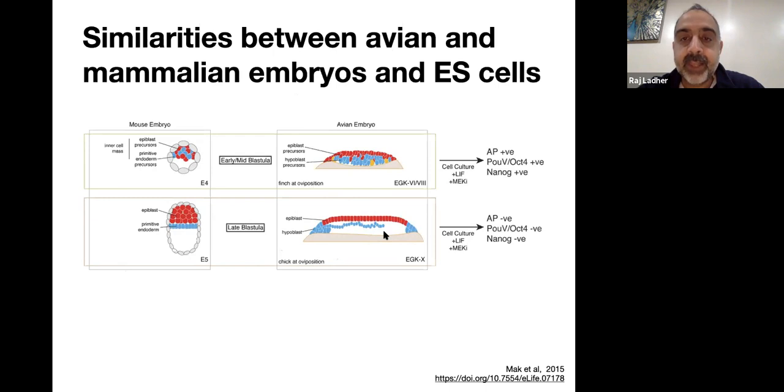This gave us an insight into what's happening in avian embryos at this stage versus this stage. We were able, for example, to derive ES cells from the finch embryo, but not from the chick embryo at these stages, just because the chick has developed more in the hen than the finch has.